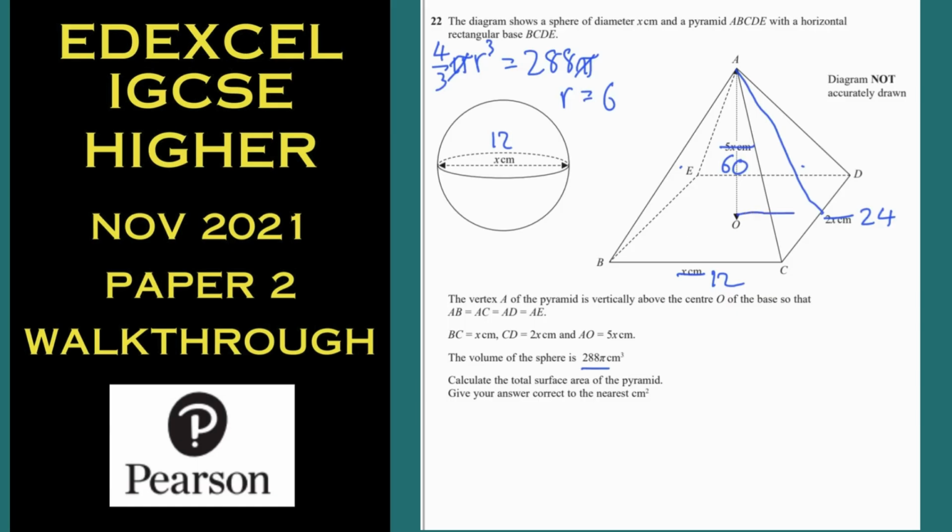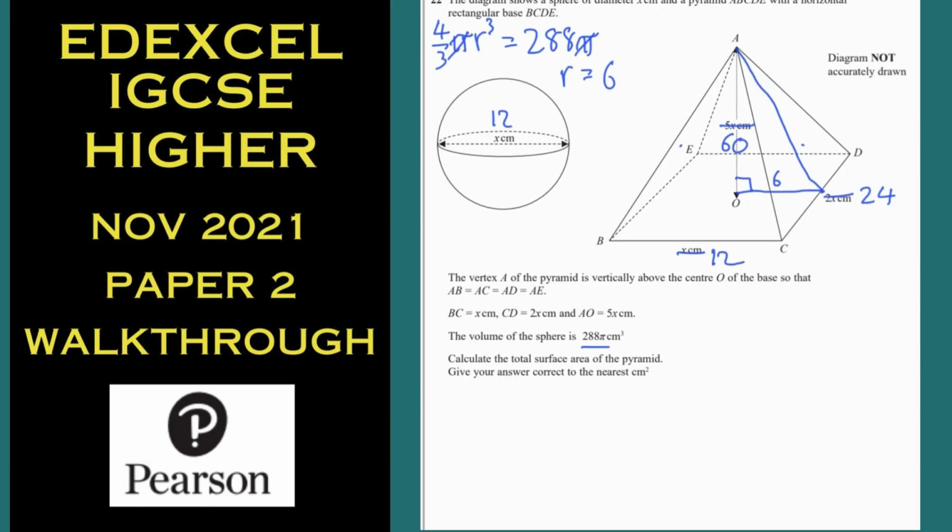So you have to create a right-angled triangle. This right-angled triangle, 60 is on one side. What's on this side? Well, the whole thing is 12, so that is 6. You want the slope. You want the height of this triangle. You need to Pythagoras it.